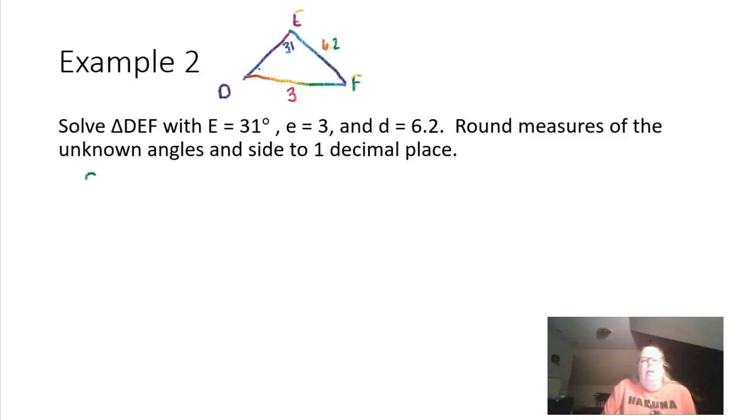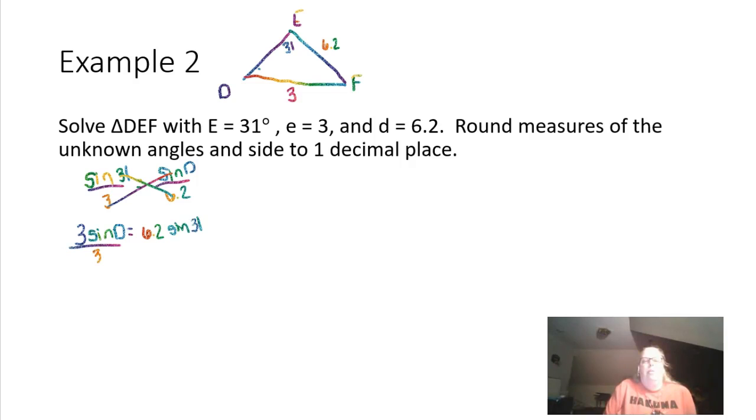We'll start off with the law of sines. So the sine of 31 divided by 3 is the same as the sine of angle D over 6.2. Let's cross multiply. We'll have 3 times the sine of angle D equal to 6.2 times the sine of 31.